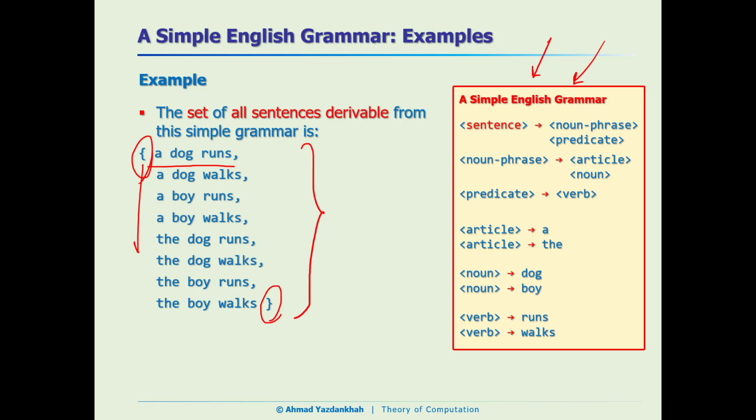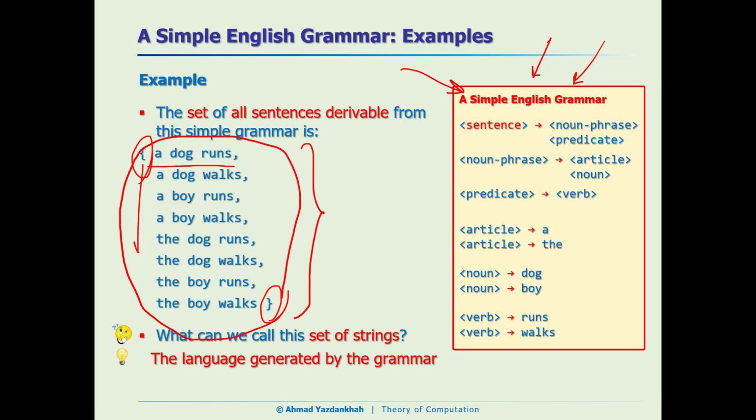What do you think we can call this set of these sentences? Most of you guys said the correct answer. Yeah, this set of strings is in fact the language that can be generated or produced by this grammar. So grammar, in fact, produces or generates sentences.